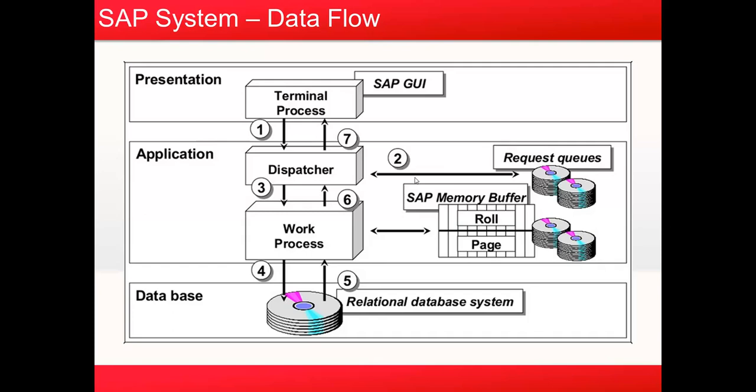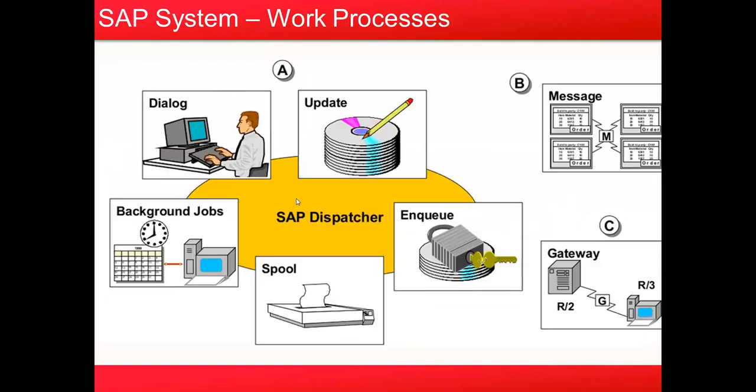Once the dispatcher finds a free work process, it allocates the request, and this work process in turn connects to the database if required and performs the database related activity. Once the activity is done, it sends control back to the dispatcher, which passes the results to the presentation layer, and they are seen by the user in SAP GUI. That is the data flow which takes place during this process.